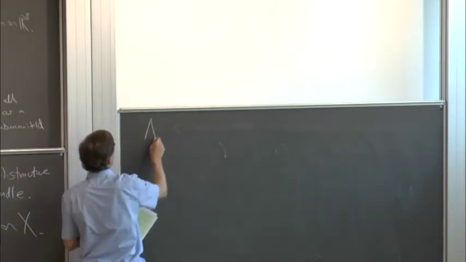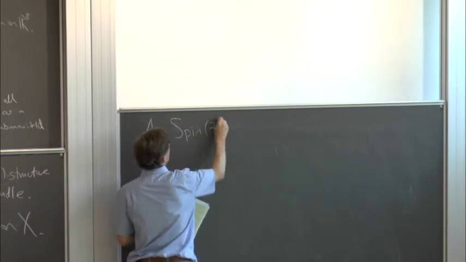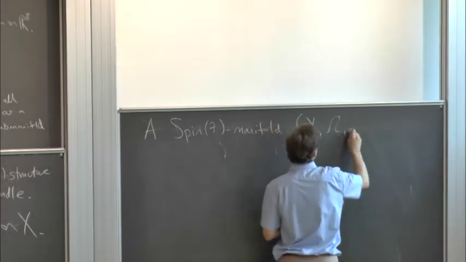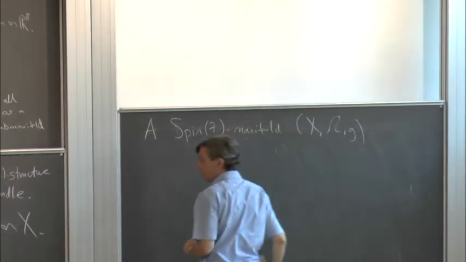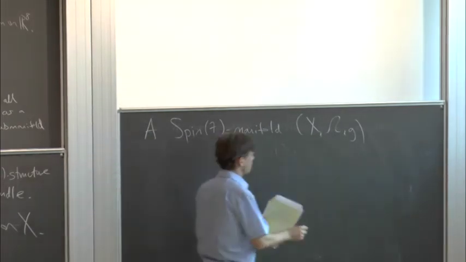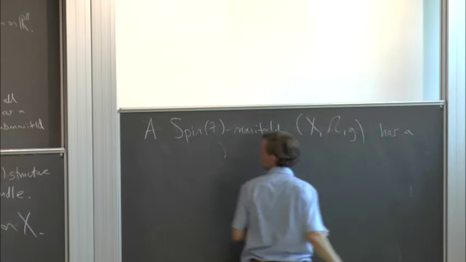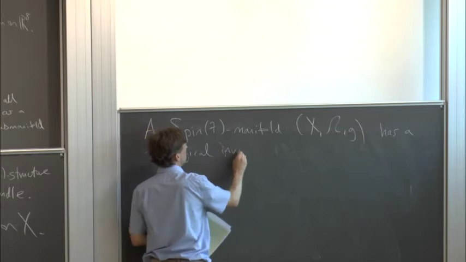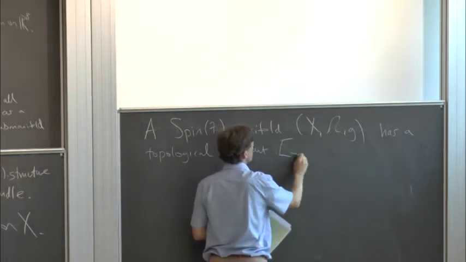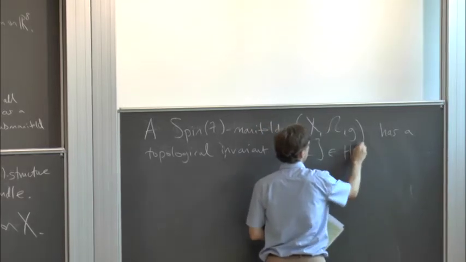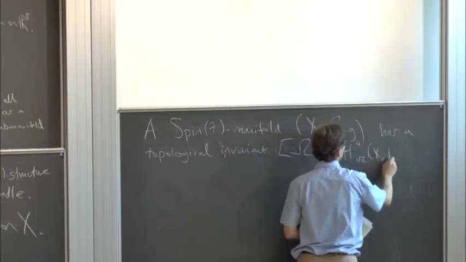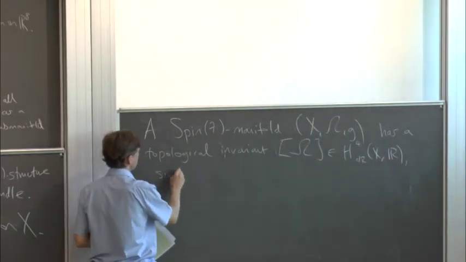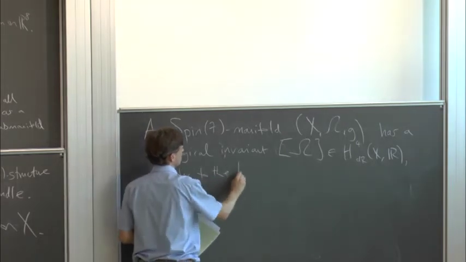Okay, well, a spin 7 manifold (X, Ω, g), by definition this is torsion free, so dΩ is 0. This has a topological invariant, the de Rham cohomology class of Ω in H^4_dR(X), which you can think of as similar to the Kähler class of a Kähler manifold.